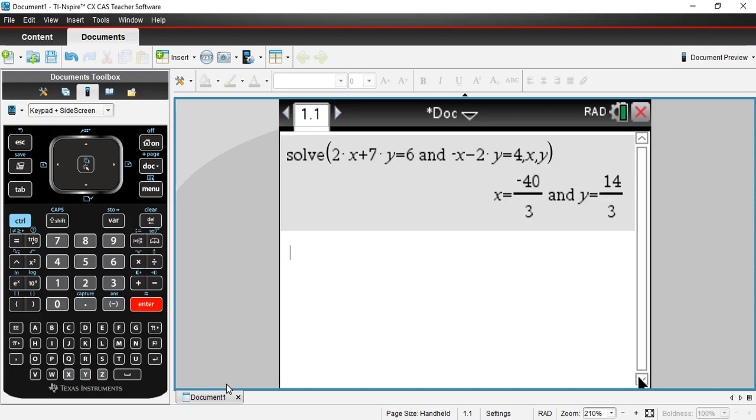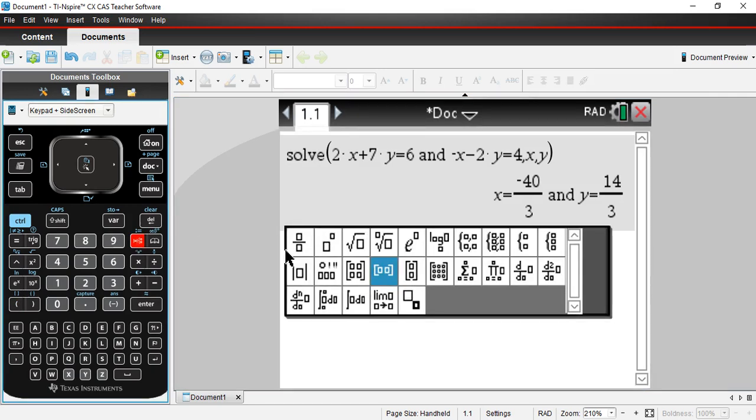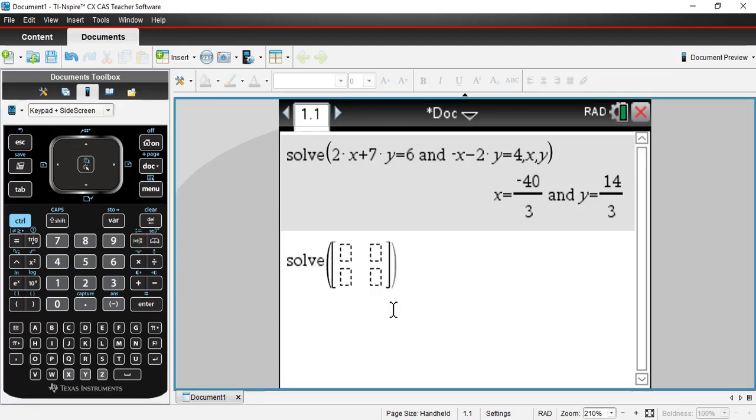Okay, if you want to use matrices, it's the same sort of deal. So solve. Now, if you click on this thing, next to the little book, you can call up a matrix here. I'm going to go with a 2 by 2 matrix.